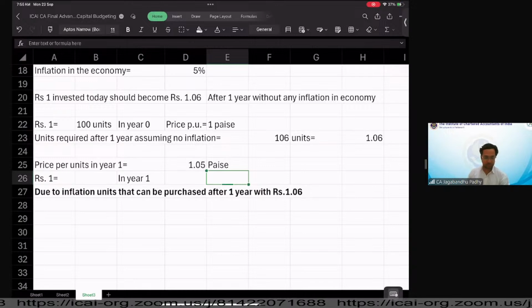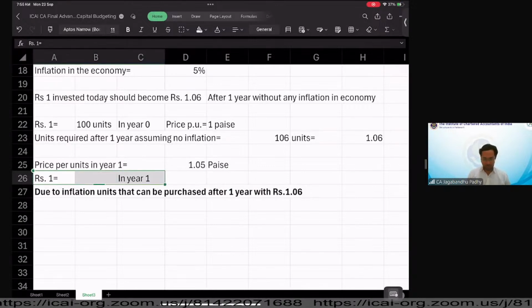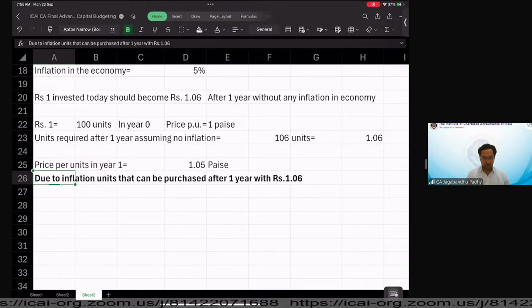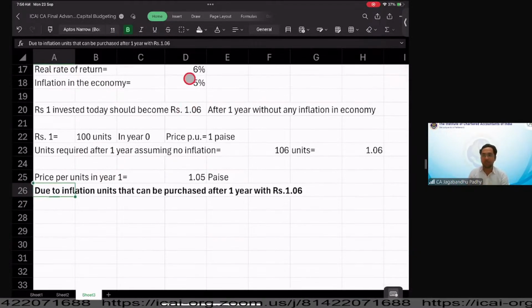Am I right, guys? Because if 1 rupee was giving you 100 units in year 0, price per unit will be 1 paise in year 0. But when we go to 1 year later, price per unit in year 1 is going to be 1.05 paise, because there is an inflation of 5%. So price levels have increased.